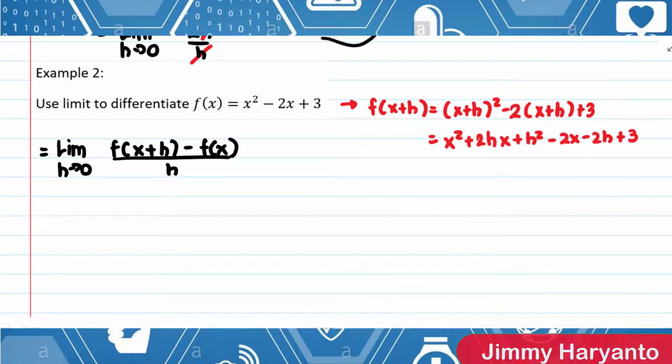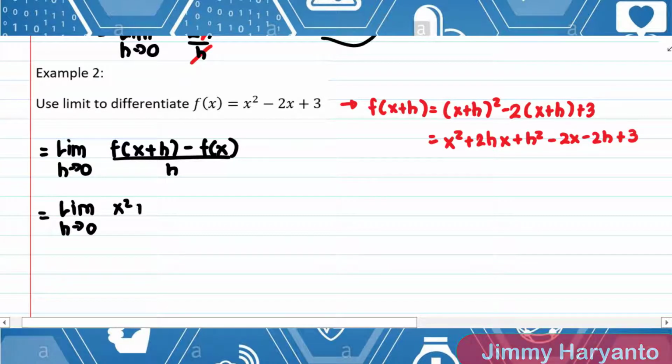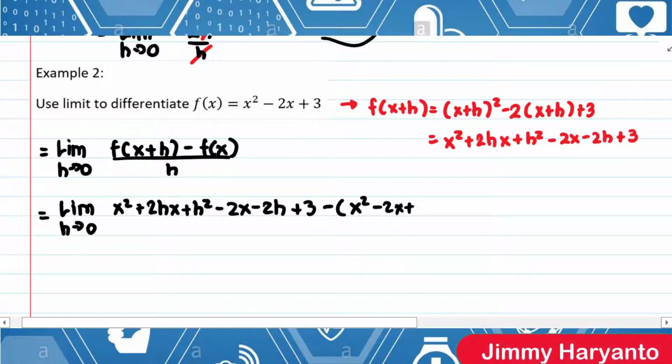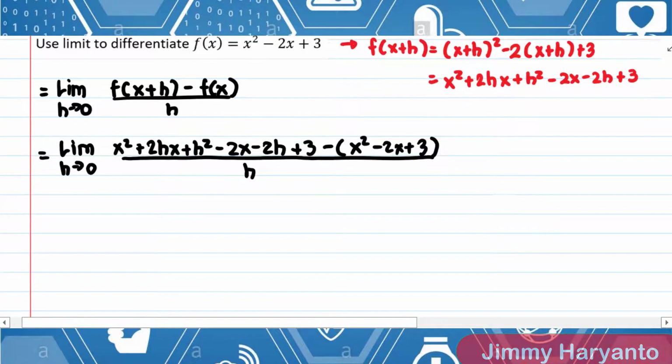So after that, I can put the function of f(x plus h) into the limit. I will have x squared plus 2hx plus h squared minus 2x minus 2h and then plus 3 and then minus with the f(x), minus x squared plus 2x minus 3 over h.